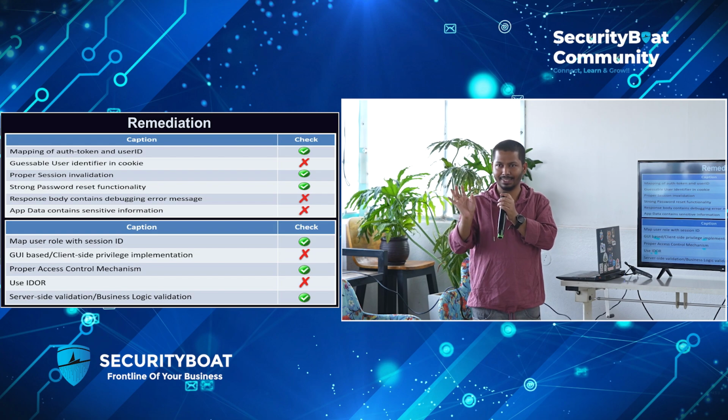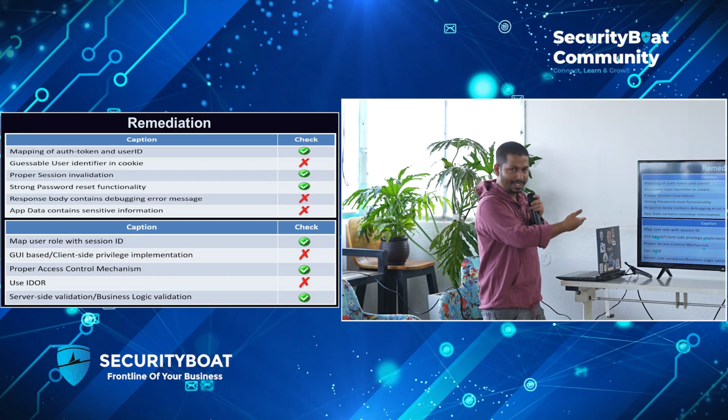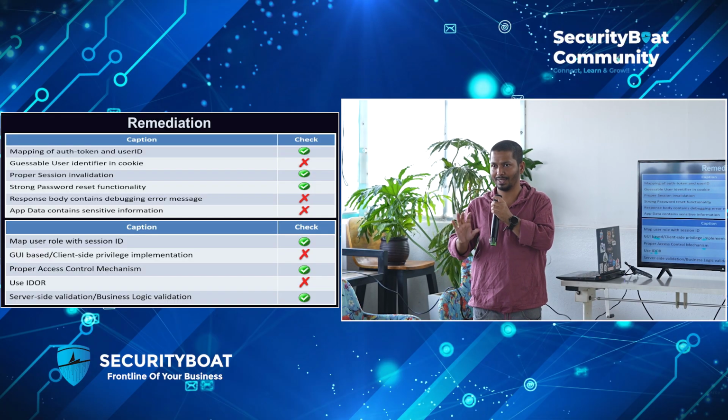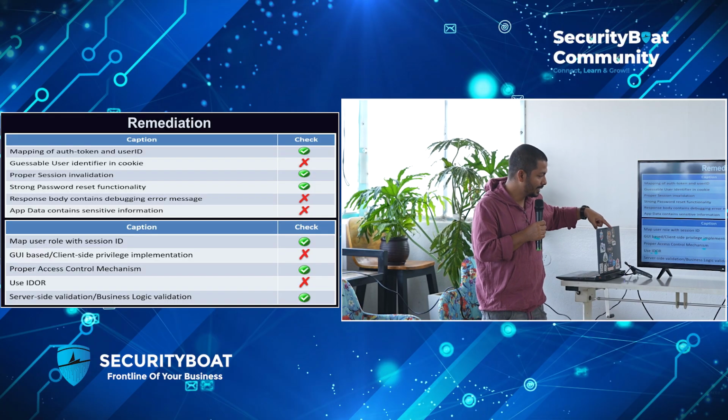For example, with AWS S3 resources, when you upload something, the resource identifier keeps changing dynamically. So every time you access the file, the name will be different, and a hacker cannot modify it or access it with a fixed identifier. IDOR happens because of the use of fixed identifiers for resources, right?